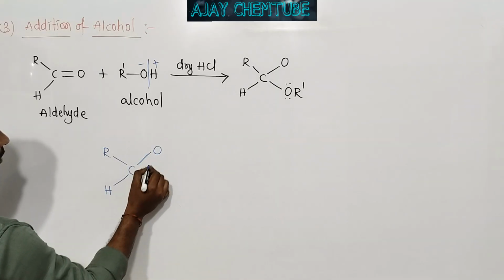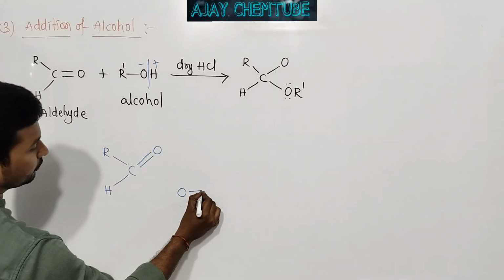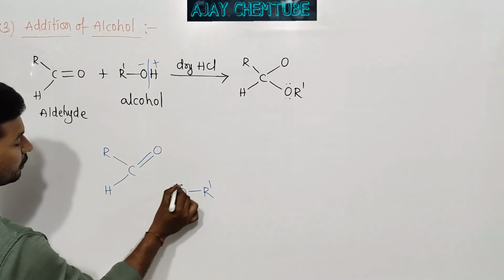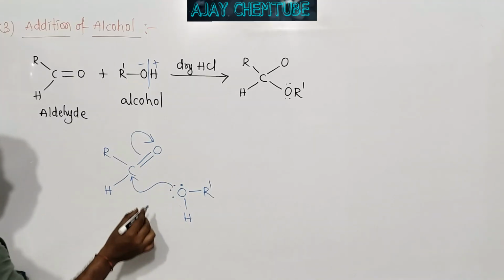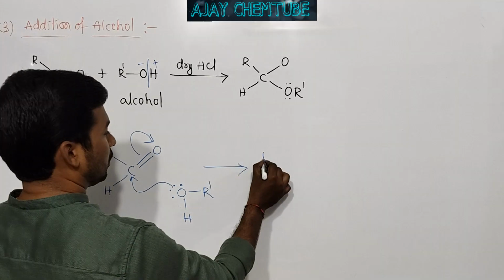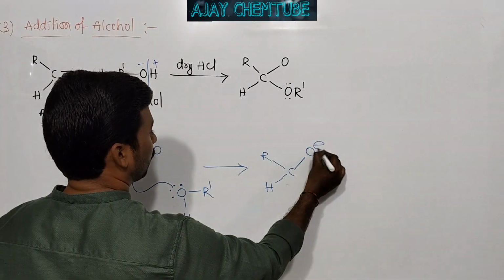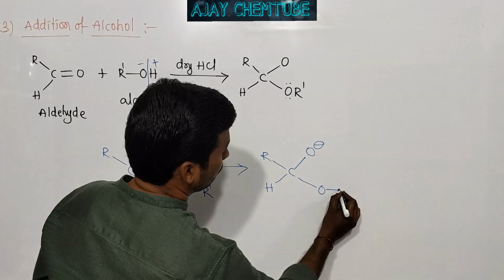This is the aldehyde, and ROH. This is the nucleophile. This bond shifts like this, and the nucleophile adds here. So this gives R, C, H, and here this becomes O minus by taking the electrons, and this is ROH.